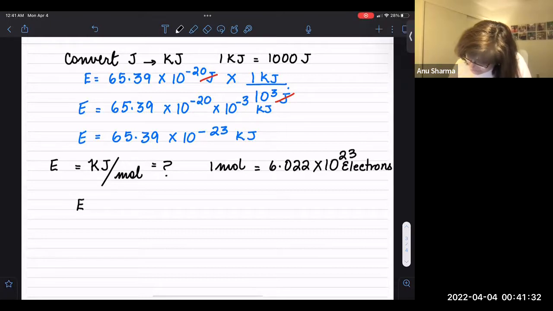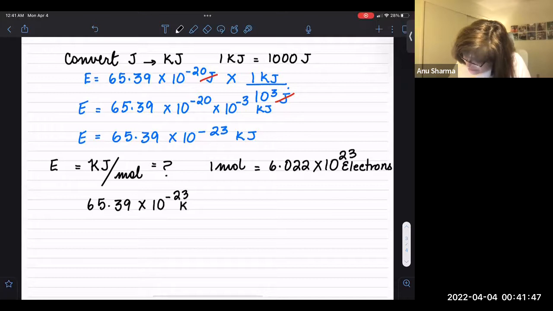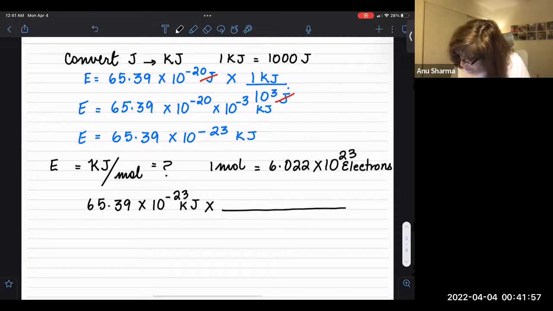E is equal to, so let's just do this, 65.39 into 10 to the power negative 23 kilojoules times, remember it's per mole, so per mole would be over 1 mole.